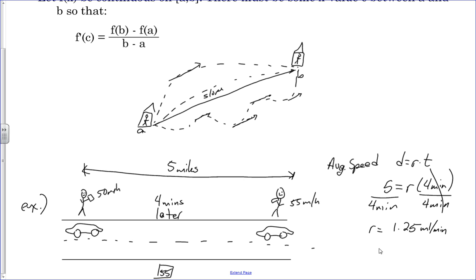Now, if we multiply that by 60, because there are 60 minutes in an hour, our rate comes out to be 75 miles per hour.